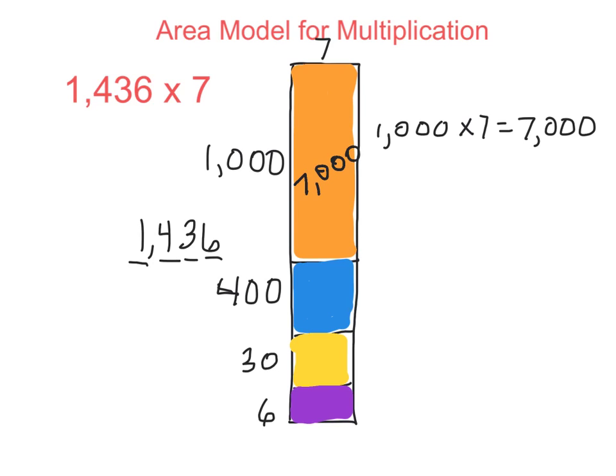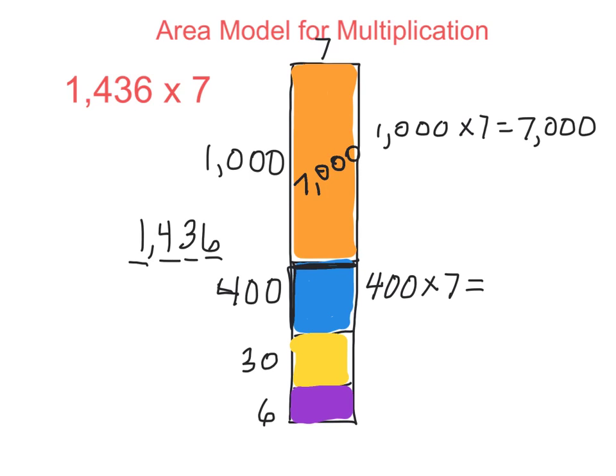Now looking at the blue rectangle, I know that this side is 400, and I know that this side is 7 because it's the same length as the opposite end of the orange rectangle, which is 7. So the blue rectangle has dimensions of 400 by 7, so 400 times 7.